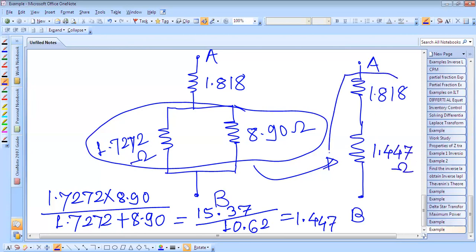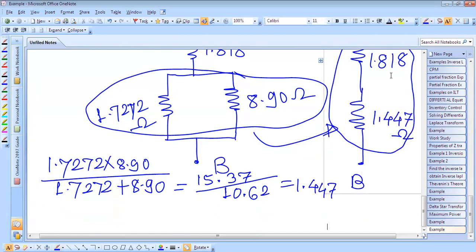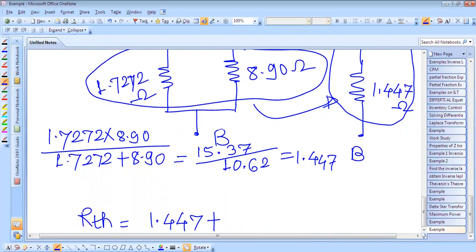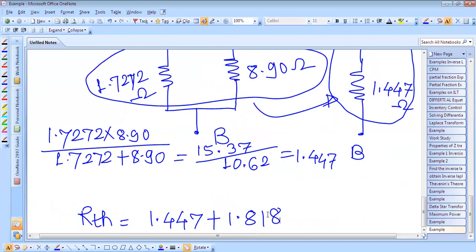Therefore, total resistance, just add these two resistances. So RTH is equal to 1.447 plus 1.818. Okay.